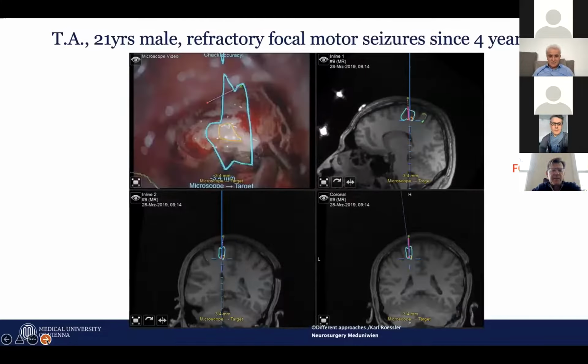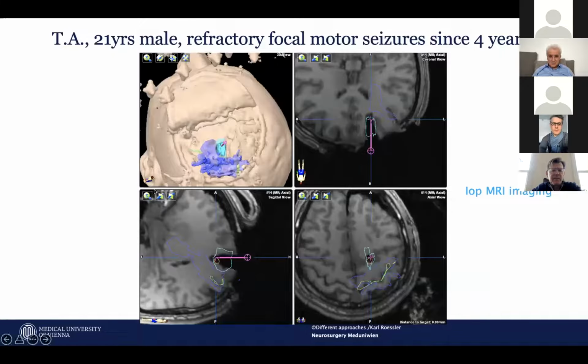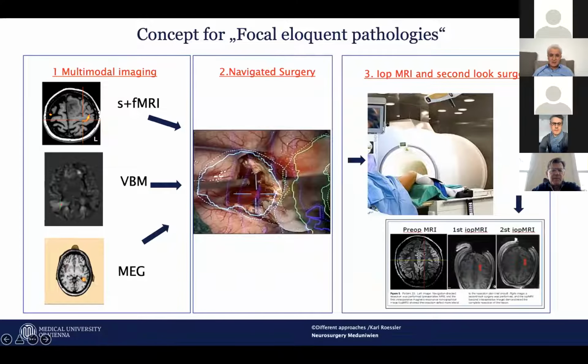And during surgery, we resected this lesion, and we also did this intraoperative MR imaging and correlated it with the pre-planned contours of the lesion. And indeed, it turned out to be a FCD 2B, and this kind of resection was enough to get this patient seizure-free. He is still seizure-free.